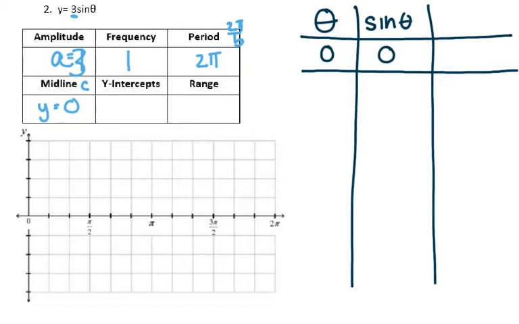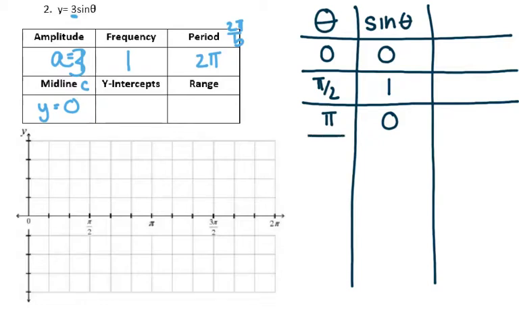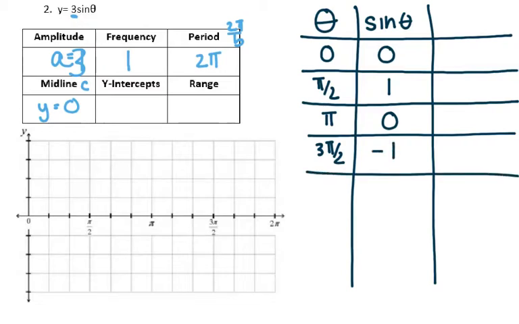And then from there, at pi over 2, you can see we're using radians now, I am at 1. At pi, I'm at 0. At 3 pi over 2, I'm at -1. And at 2 pi, I'm back up to 0. So those are my 5 key points that I'm going to be using here.